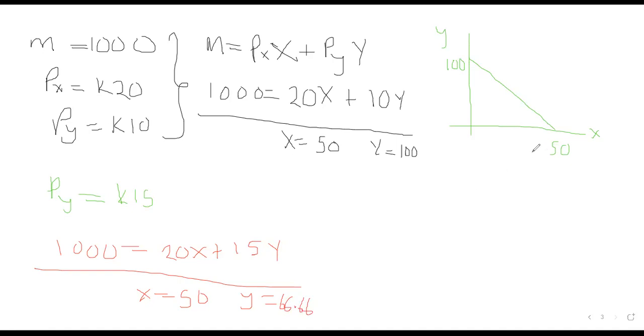On the x, it will still maintain the 50. On the y, is it tilting inward or outward? It's tilting inward here. So here we're going to consume 66 units of Y. Why? Because good Y has become expensive.